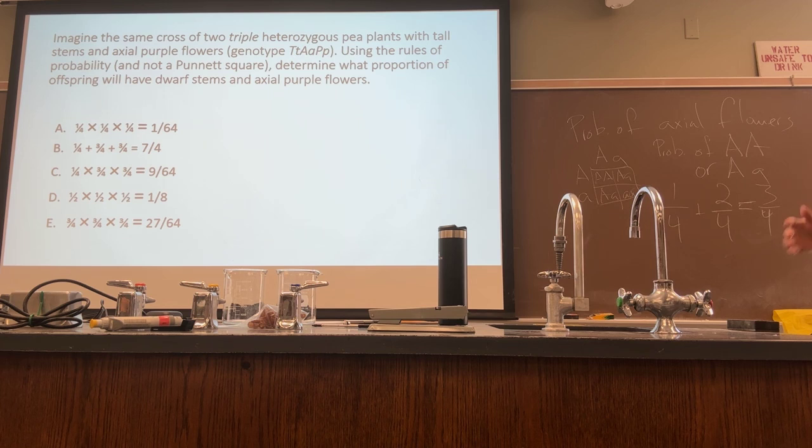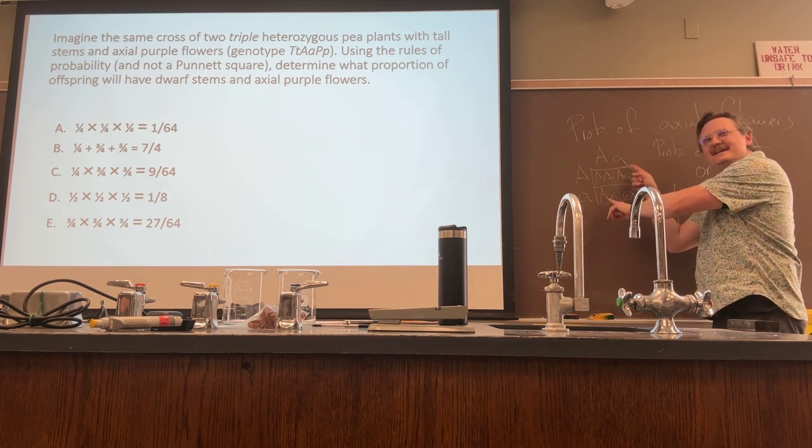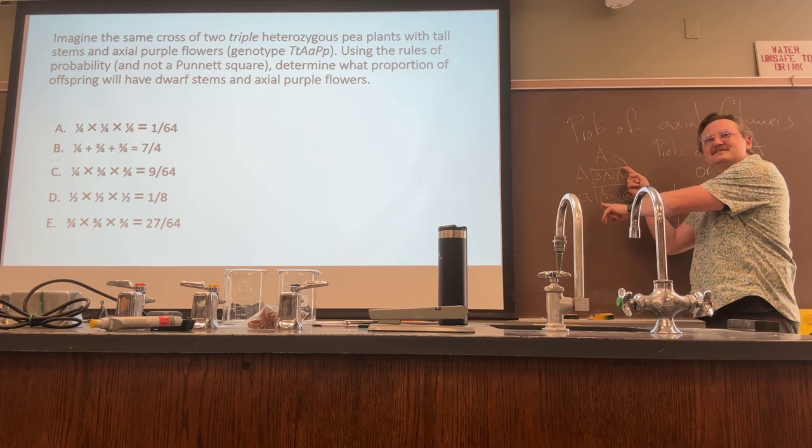When we're asking for phenotypes, there are multiple ways that a phenotype can happen. There are multiple genotypes that can lead to the same phenotype, you see. And these are also two independently possible outcomes.